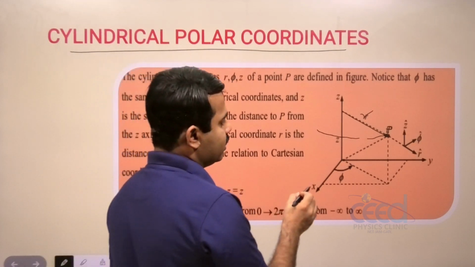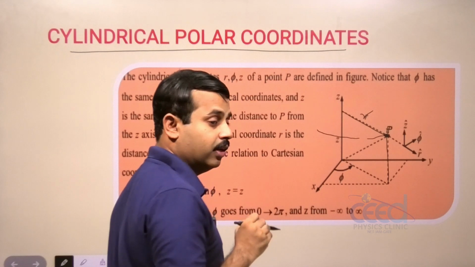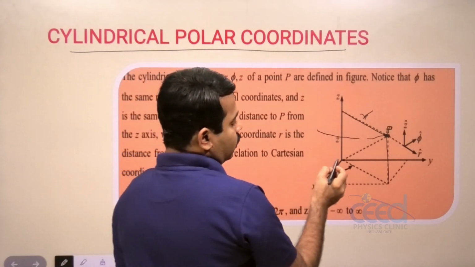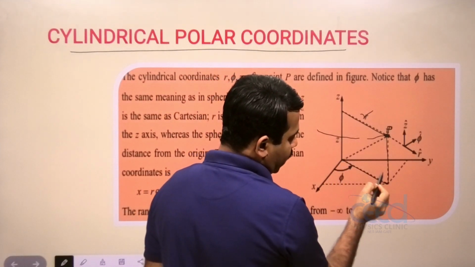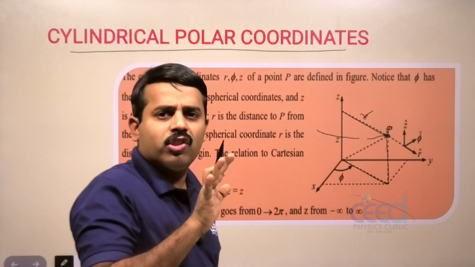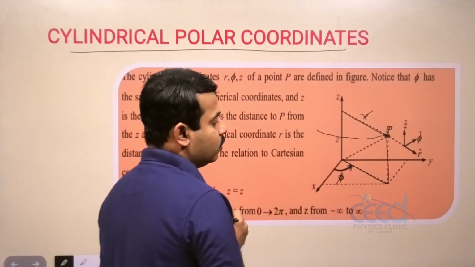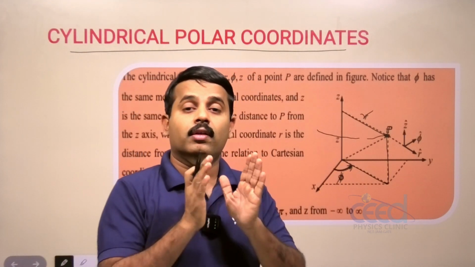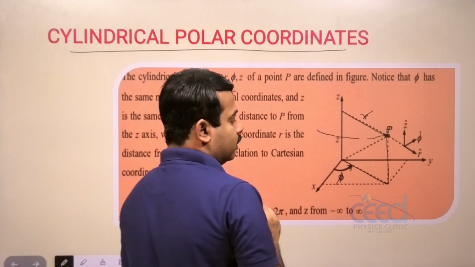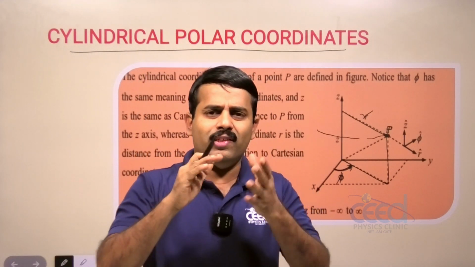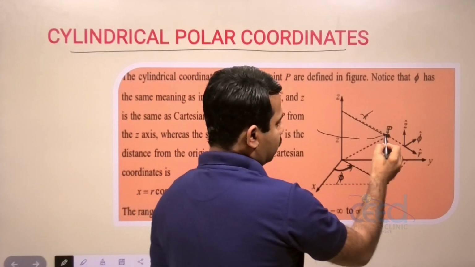To know about that, suppose I draw a perpendicular to the base of this cylinder, and I make a position vector to that perpendicular. That particular position vector makes an angle phi. That phi also we require to define that particular point P. Then this particular point is located at some height, so we must require this height also.